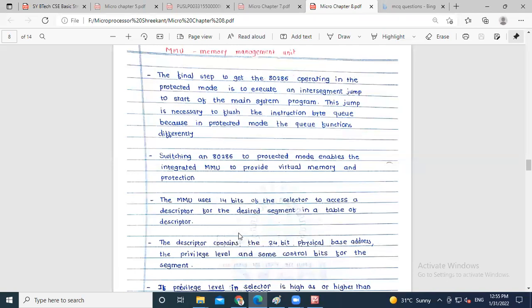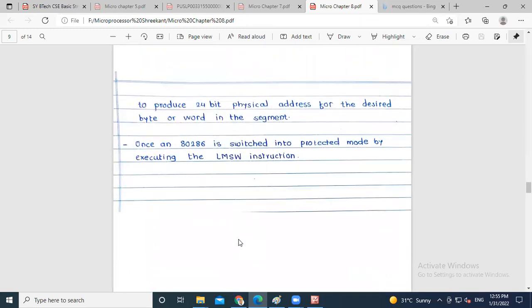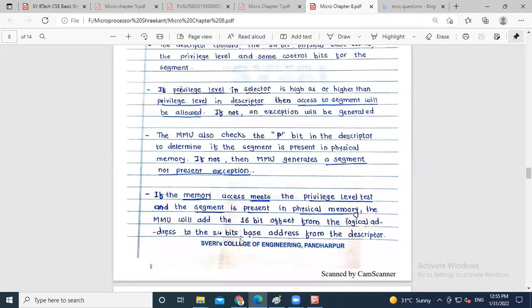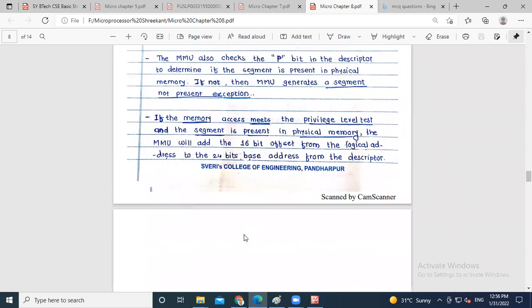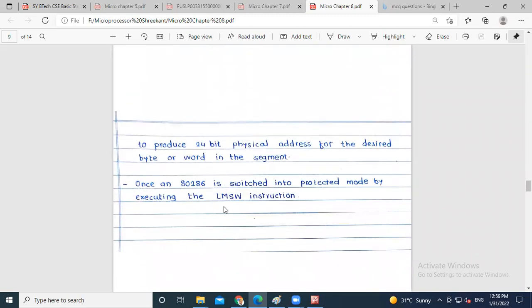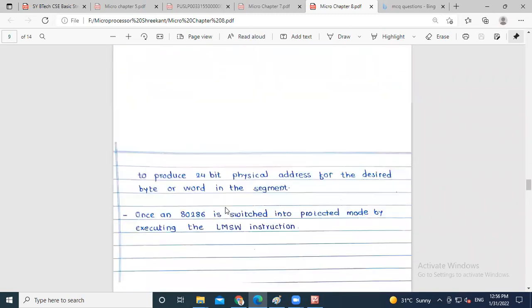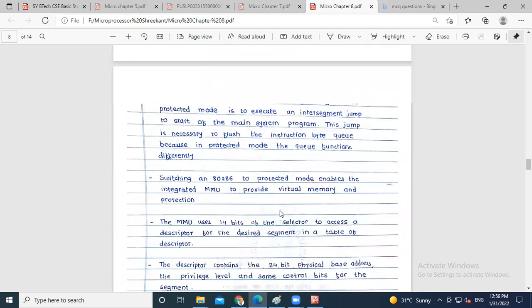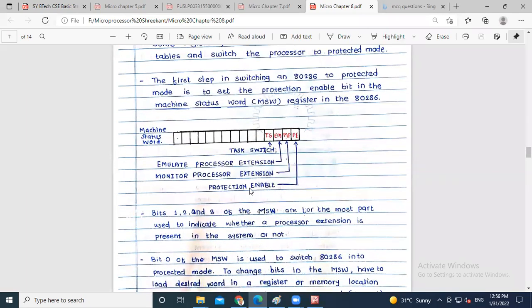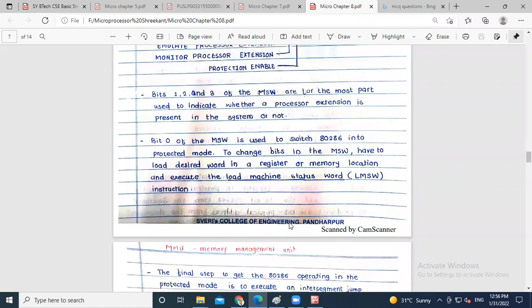And in a table of descriptors, a few lines are going to be checked by the MMU. So this is all about memory management and MSW, which means machine status word. Clear notes are given here, you just have to go through them.